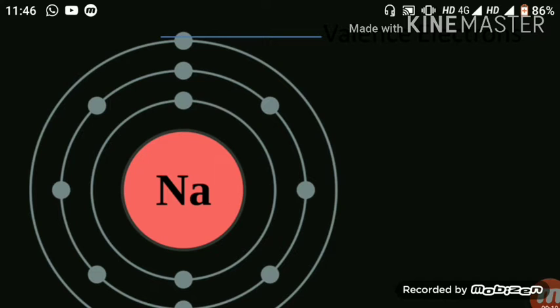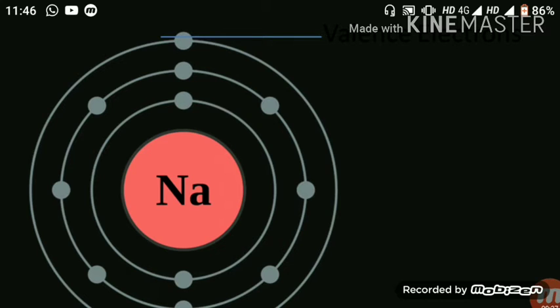Okay, so sodium: the center-most is the nucleus. There are many shells, K, L, M. The sodium atom has atomic number 11, right? So we keep this number of electrons, 11, like this.